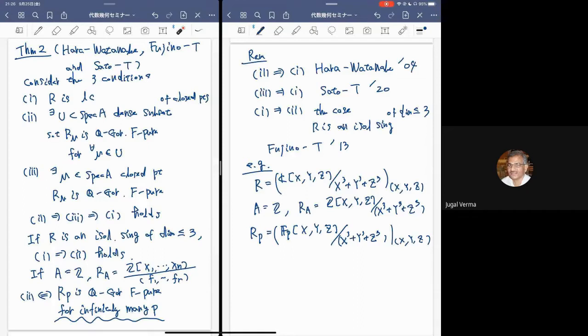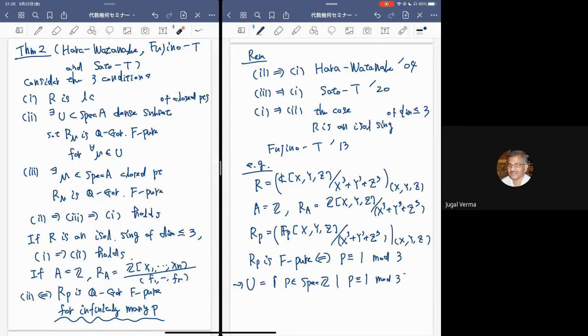So as I mentioned in my previous talk, R_P is F-pure if and only if P is congruent to 1 modulo 3.